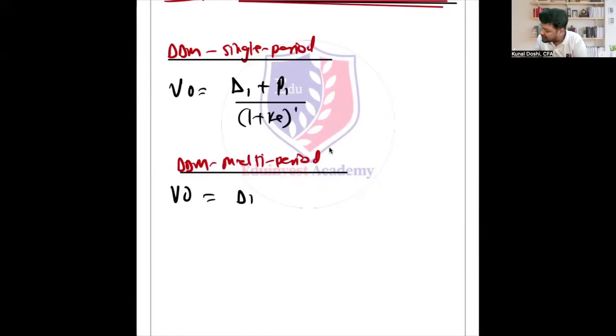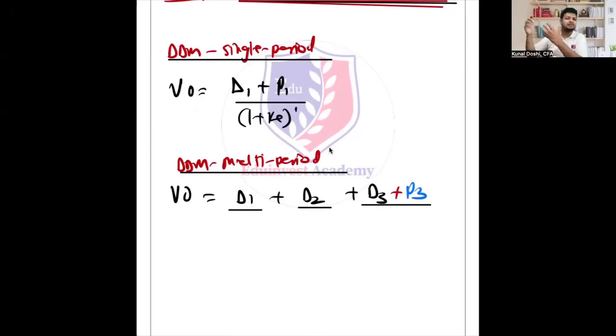So we will have D1 plus D2 plus D3, and we will have the terminal value, which we call P3, the third year price, the price when you're going to sell the stock. It can be P3, P4, P5, anything. All of this, we are going to discount using our cost of equity, but since each cash flow is from a different period, we discount them over different periods.